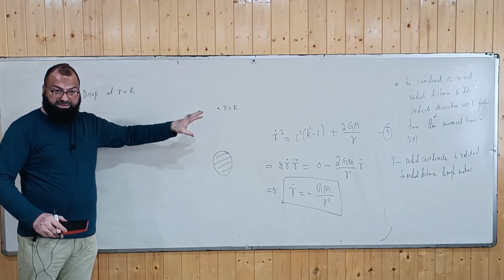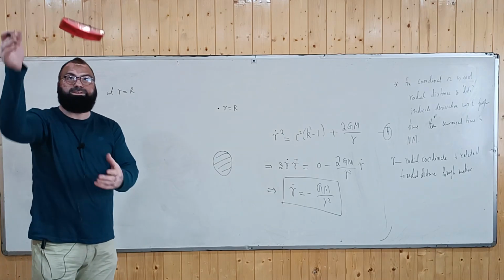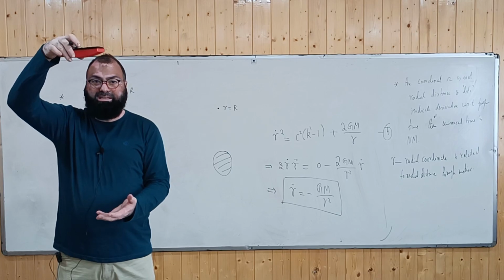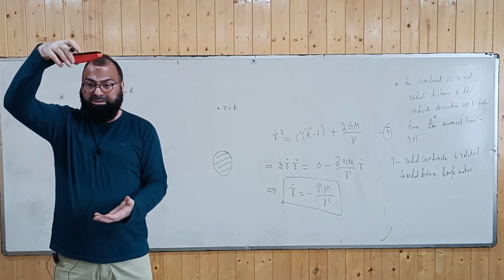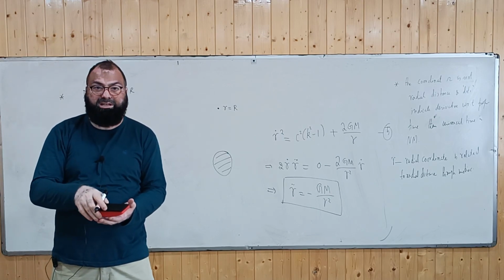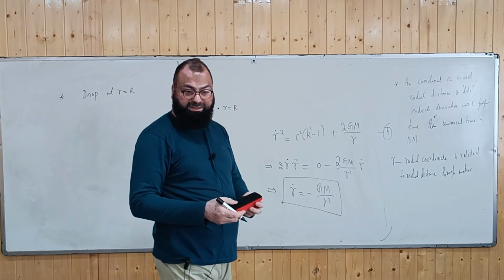So what will happen? Let me drop this particle from this fixed position. What is the interpretation from Newtonian mechanics of this motion? Whatever is the loss in potential energy is equal to the gain in kinetic energy when you drop a particle in the gravitational field.